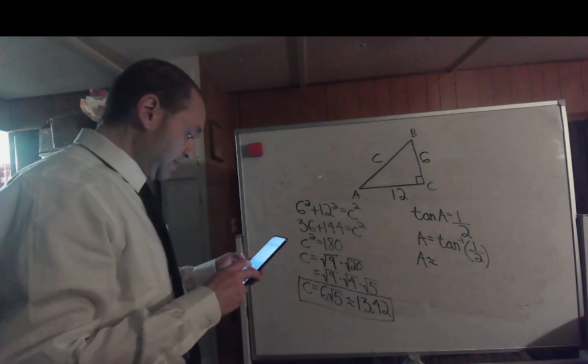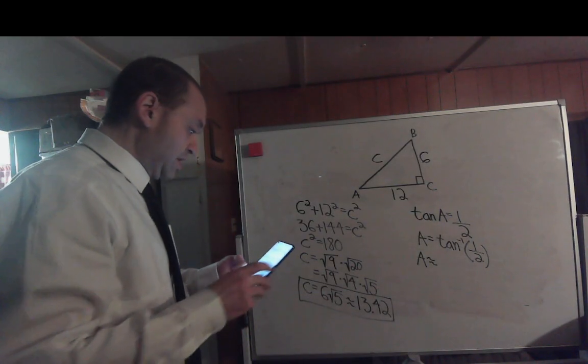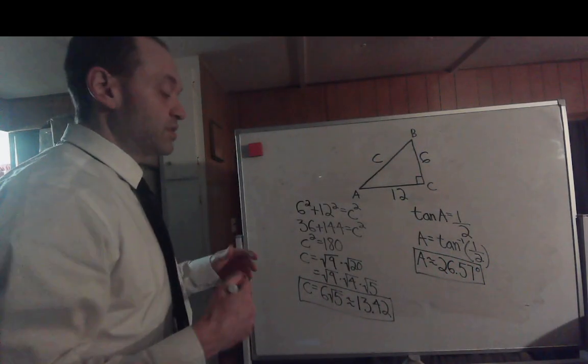So let's see, let's take the tangent inverse of 1/2. In degrees, you get approximately 26.57 degrees. So we found angle A to be approximately 26.57 degrees.